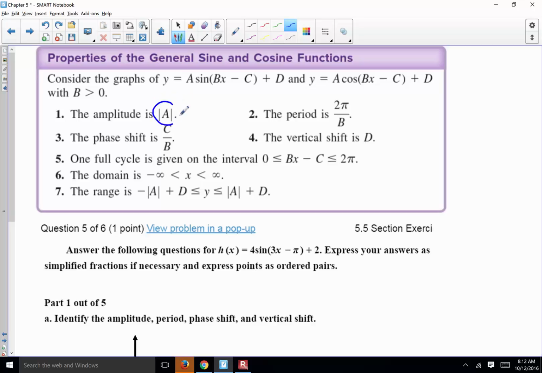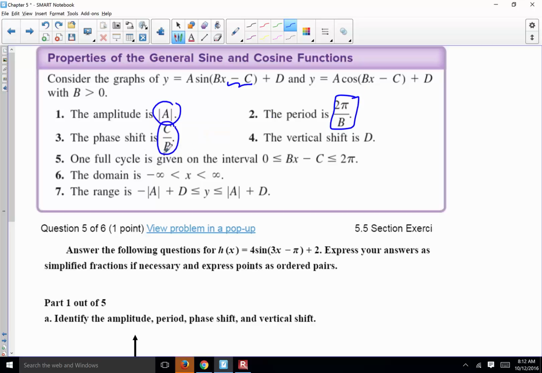Amplitude is the number in front. Phase shift, how much you shift to right or left, is c over b. You're going to take the opposite of this number. If it's plus, it's negative. If it's minus, it's positive. Period is found by 2 pi over b.